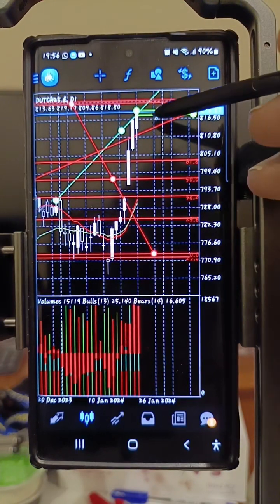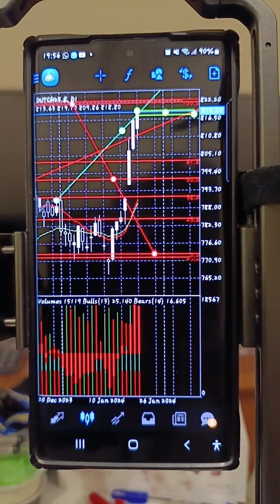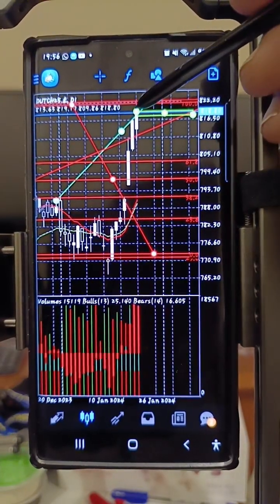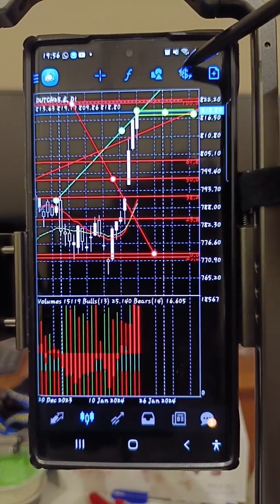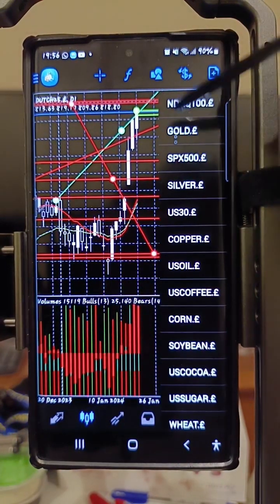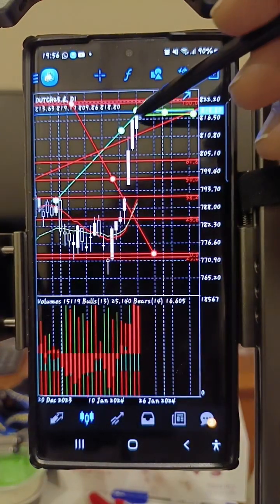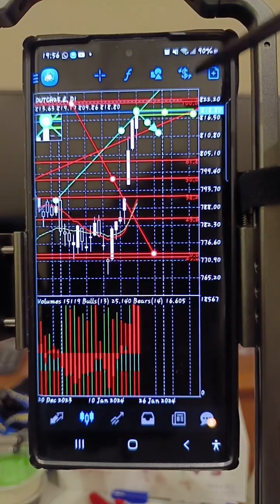Okay, as it pulls back, I'm looking to see, as it enters the Europe session this time, a bit of a pullback here, a bit of a sell-off.